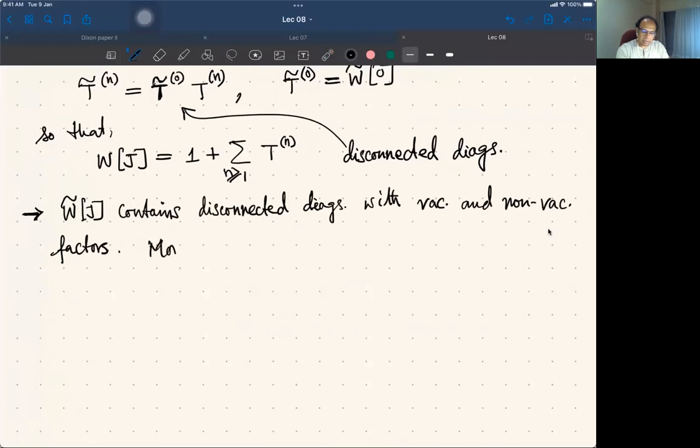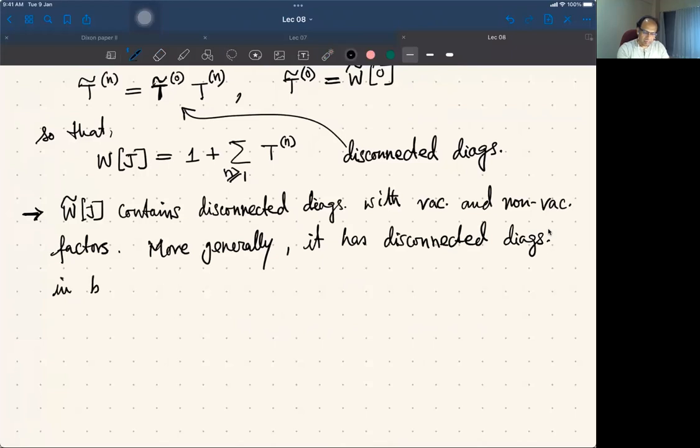More generally, it has disconnected diagrams in both the individual sectors.